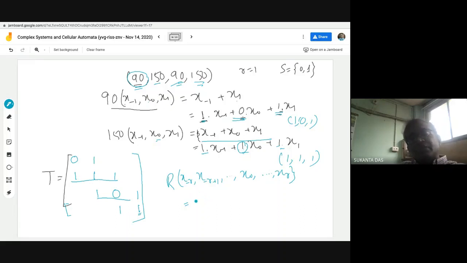So here I'm just writing a minus r into x minus r plus a minus r plus 1 into x minus r plus 1 in this way, plus a0 x0 plus dot plus a r x r. So what matters? This constant matters.